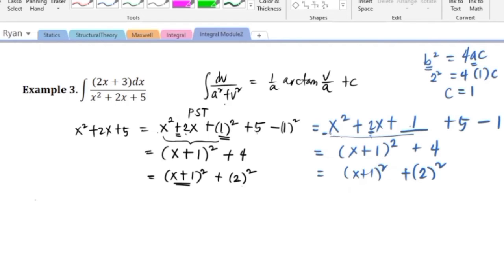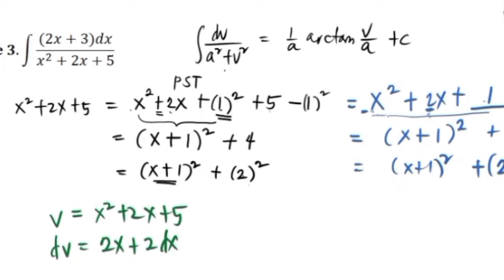Yung next na gagawin natin is to check kung yung derivative ba ng denominator natin ay nasa numerator, kasi baka ito ay merong part na integrals leading to logarithm. So, if we let our v is equal to x squared plus 2x plus 5, taking the derivative of this, your dv is equal to (2x plus 2) dx.